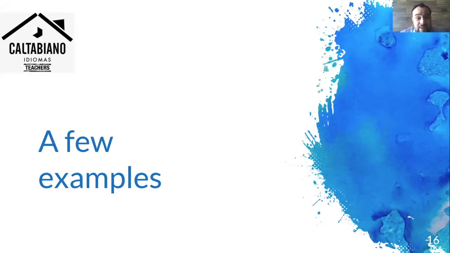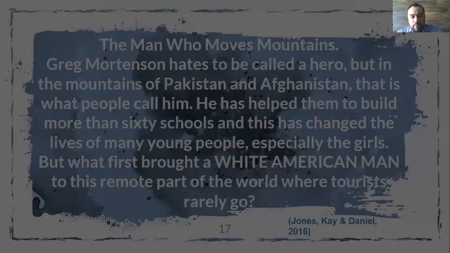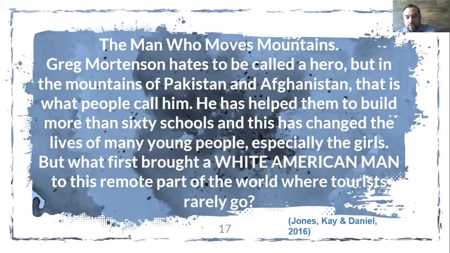But at the same time, they are still representing the other as inferior, in need of help. For example, this is the first example, and it's one of my favorites. It says, "The man who moved mountains."